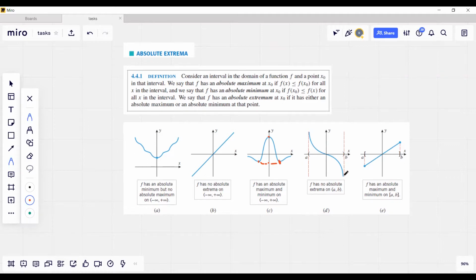In this case, our function on the open interval from a to b has no absolute extrema. On the closed interval from a to b, this function has both absolute maximum and absolute minimum. The absolute minimum is at point a, and the absolute maximum is here at point x equals b.